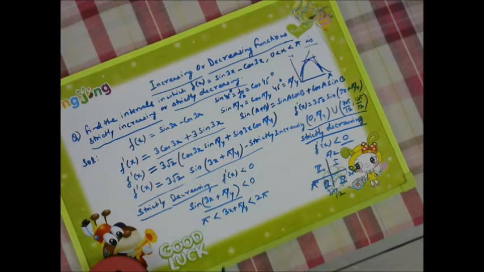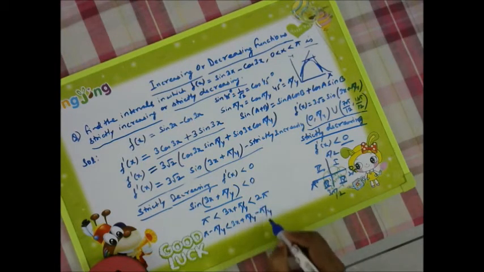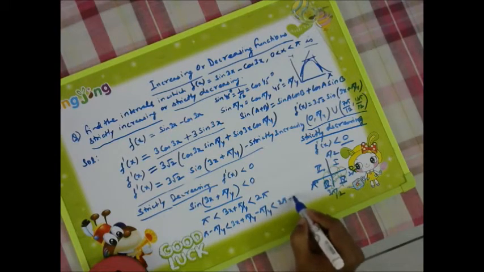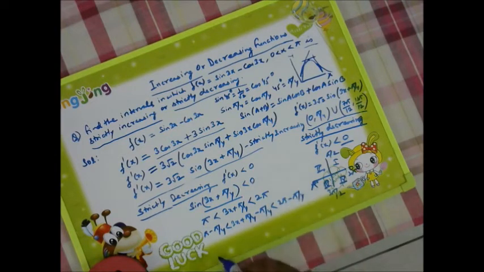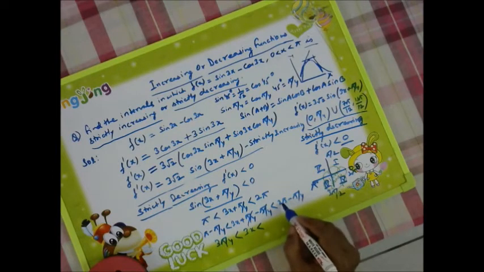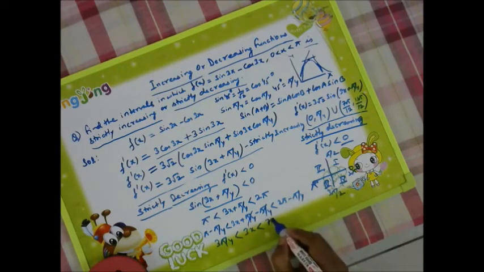Again further, as we did earlier, the same way we will find the interval. We will subtract pi by 4 from all. So it is pi minus pi by 4, then 3x plus pi by 4 minus pi by 4, less than 2 pi minus pi by 4. So 3 pi by 4, then this got cancelled, 3x, then 2 pi minus pi by 4, so 8 pi minus pi, 7 pi by 4.